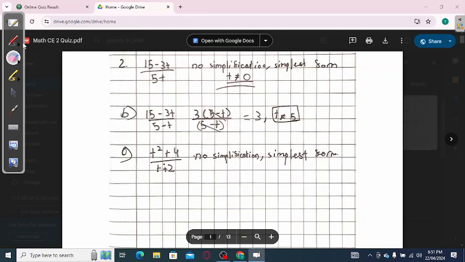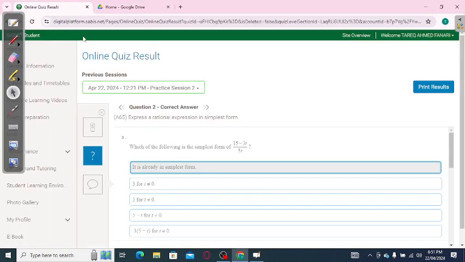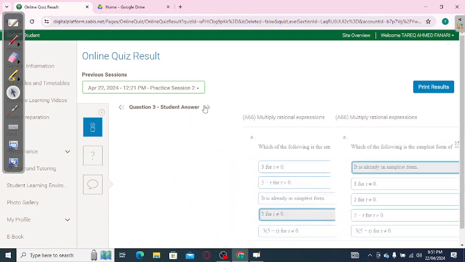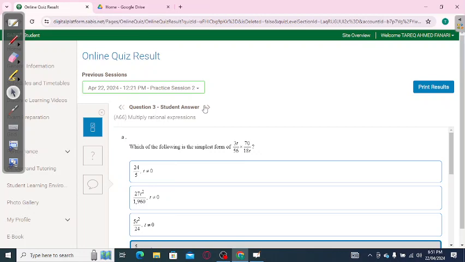Okay, so now we go on to the third question. Here this is extremely basic. I don't think I need to explain a lot on this one. You just cancel out 3t and 18t.